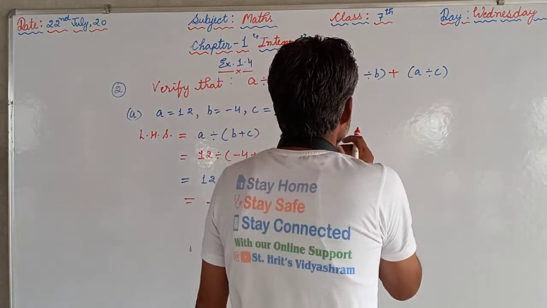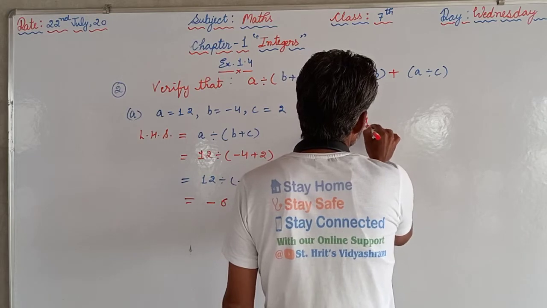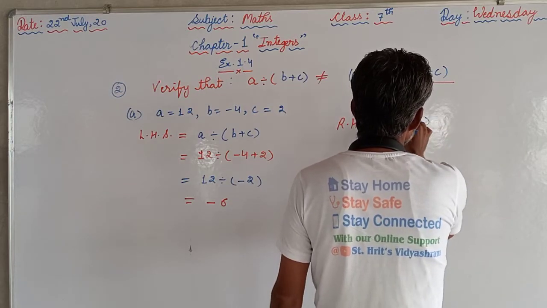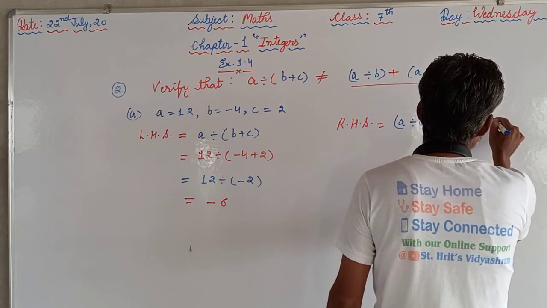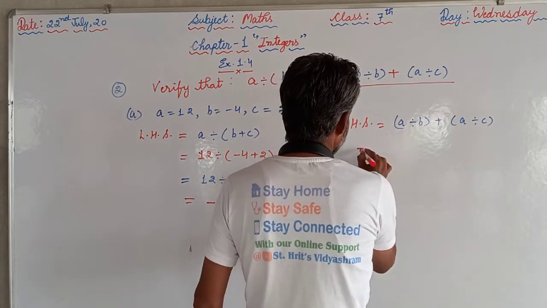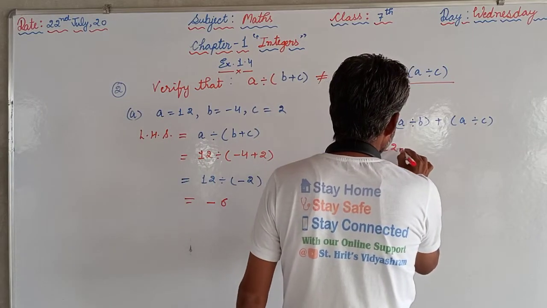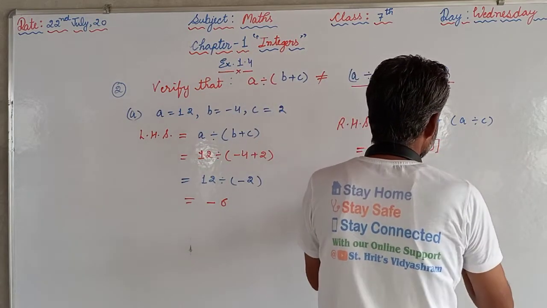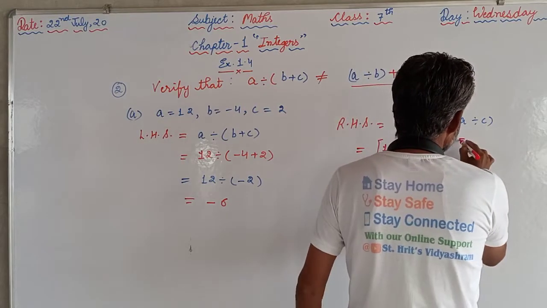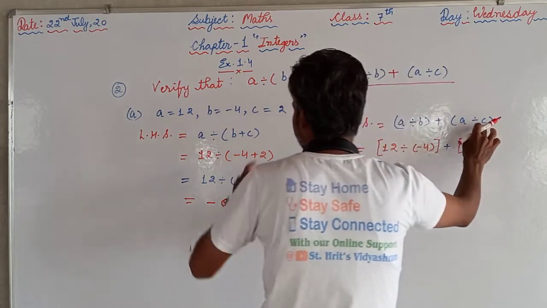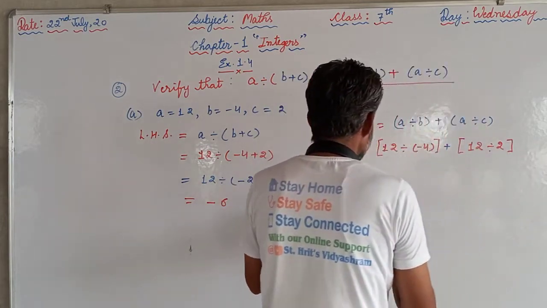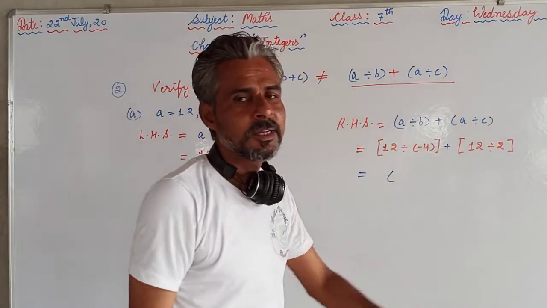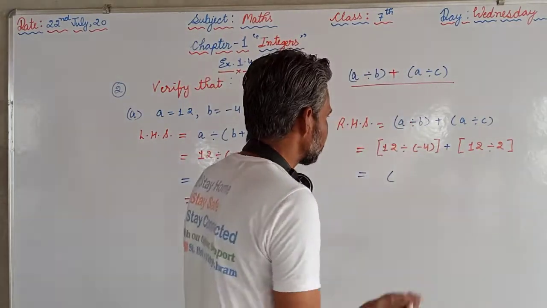At the same time, we find the value of the right hand side, which is A divided by B plus A divided by C. So we get 12 divided by -4, in a bracket, then the plus sign, then another bracket, 12 divided by C, where C is 2. 12 divided by -4: if either the dividend or divisor is negative, the answer will be negative.